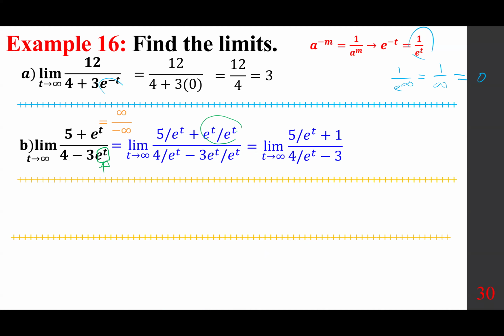So this simplifies to 1, this simplifies to -3. And now if you apply t approaching infinity, this goes to 0, this goes to 0, and we get 1 over -3, which is -1/3.